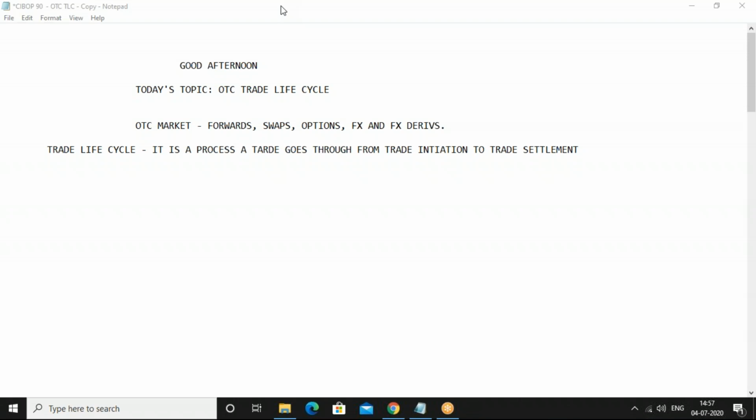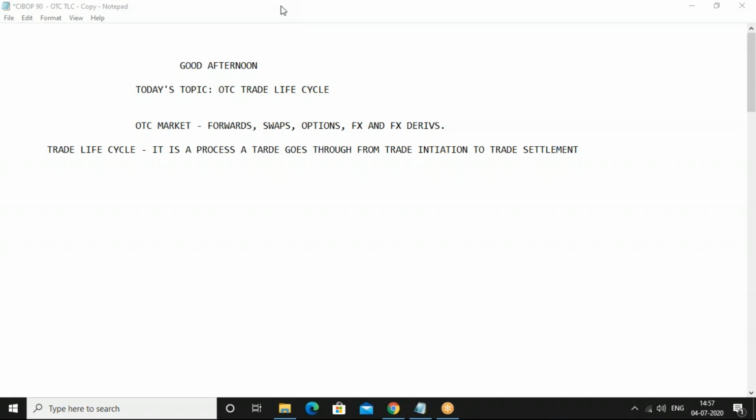Conversation is due. So let's keep it simple: generally the retail investor is not allowed to trade in the OTC derivative market because the risks associated with it are extremely high.